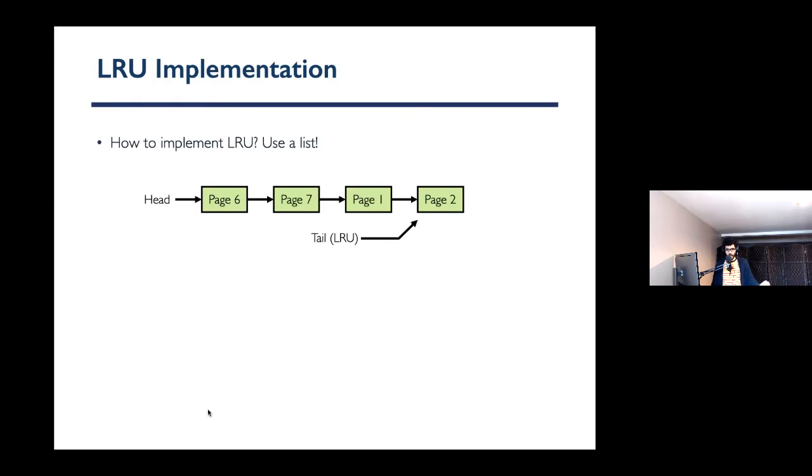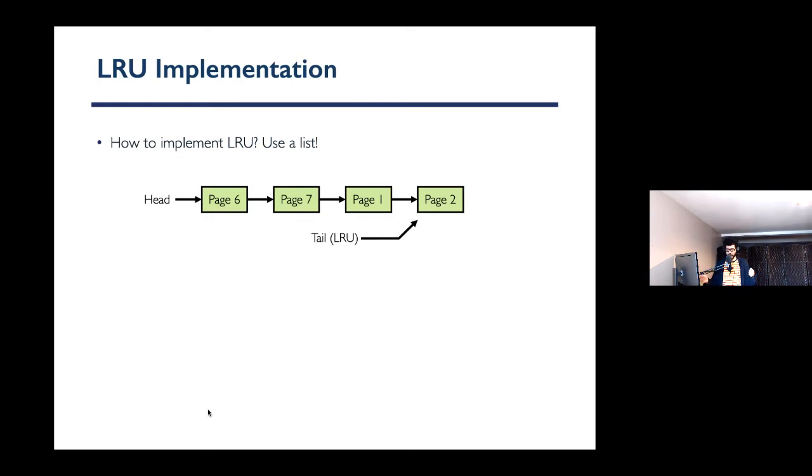Now, another important topic is how are we going to implement LRU? One simple, naive implementation that might come to your mind is, well, on each reference, I set a flag that I have referenced this page, and I sort all the pages based on the references that they got.